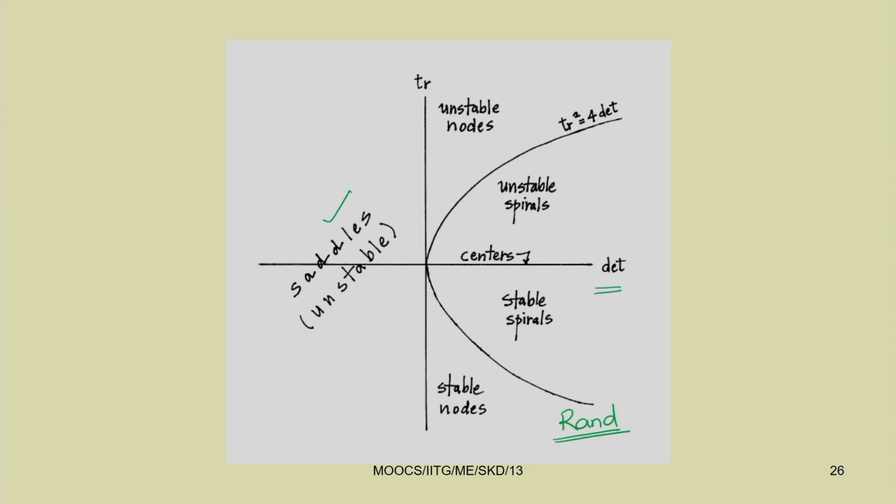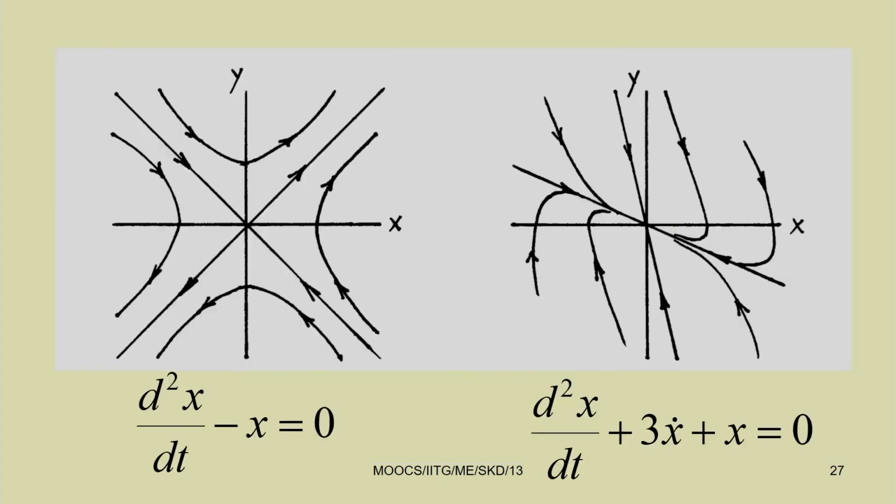So, let us take this example. For example, let us take the equation d square x by dt square minus x equal to 0. The auxiliary equation becomes D square minus 1 equal to 0, or D square equal to 1, so D equal to plus minus 1.